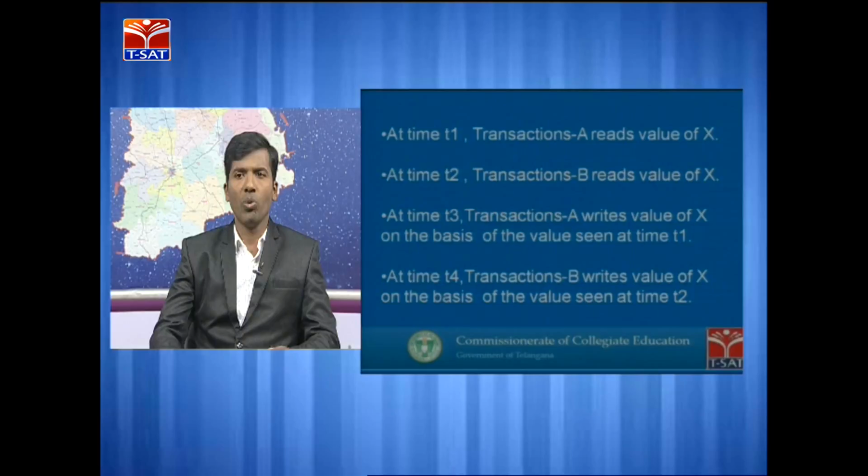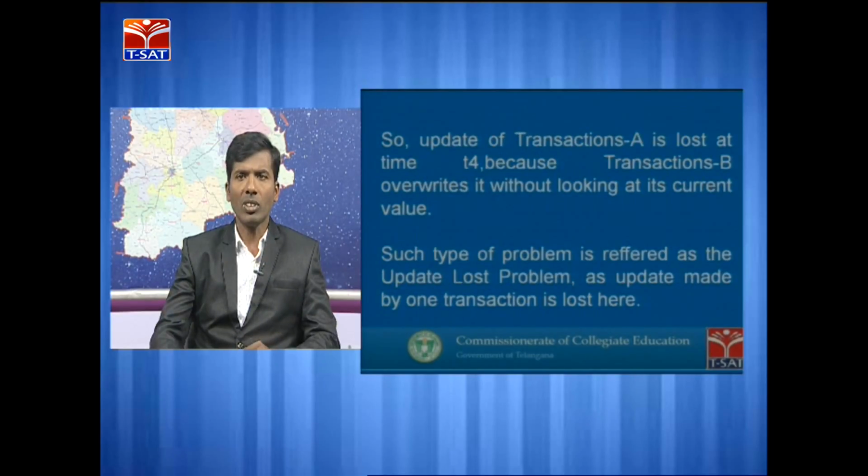So the value which was written by transaction A at T3 is lost, and T4 tries to update a value which was not at all existing in the database. Thereby transaction B receives incorrect results as it is not carrying the changed value of X from transaction A. So the update of transaction A is lost at time T4 because transaction B overwrites it without looking at its current value.